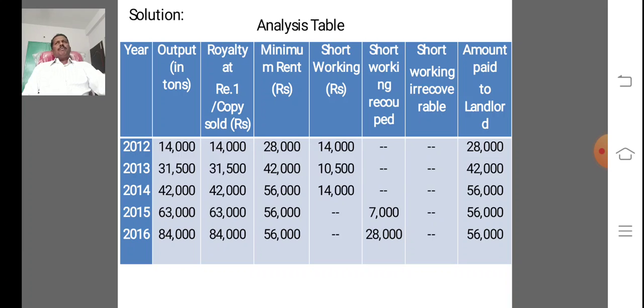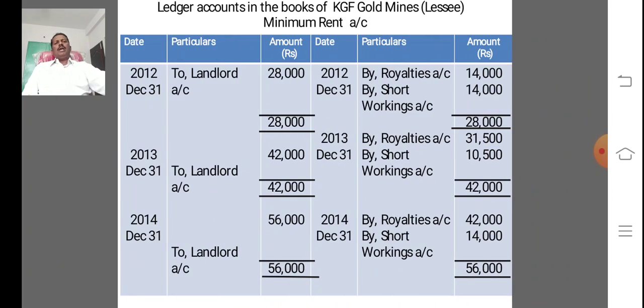So total 31,500 is the short workings remaining, out of which we have surplus of rupees 28,000 only recovered. And remaining short workings are waiting for next year's surplus. We are not transferring to short workings irrecoverable account because in this situation any short workings can be recovered during the lifetime of the lease. So finally we pay 56,000 to landlord.